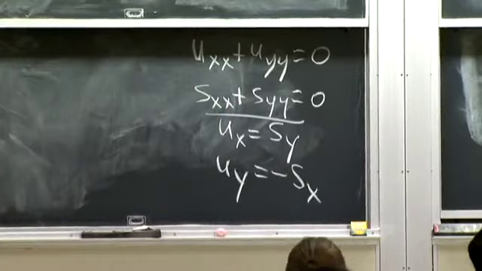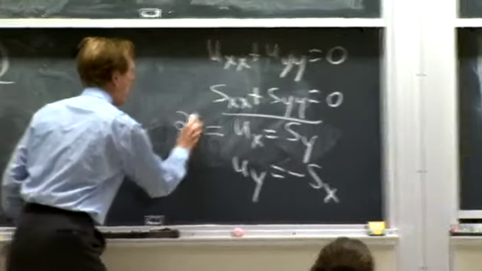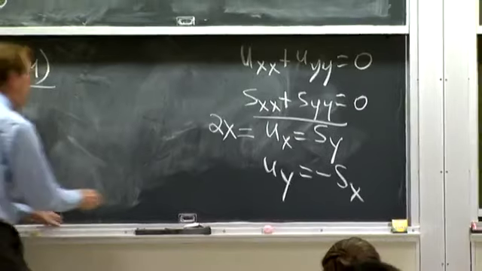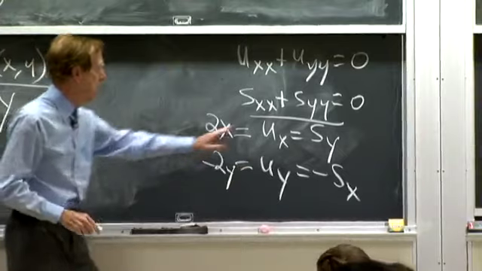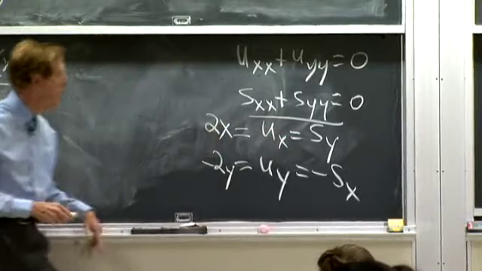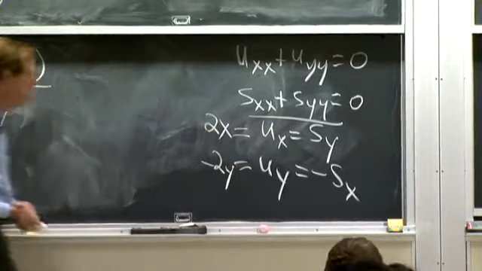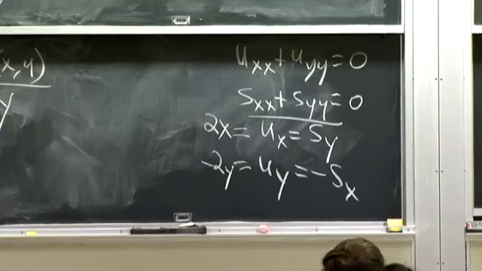So du dx is 2x in my example. du dy is minus 2y. So what am I learning? ds dy should be 2x. ds dx should be 2y, because I have minus signs both there. What's s? Do you see s?